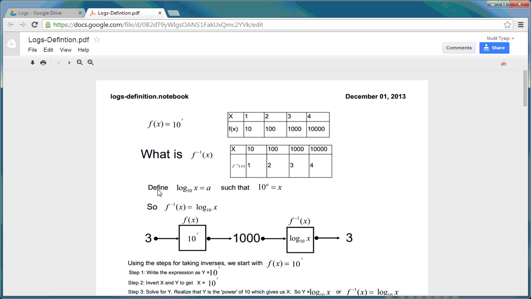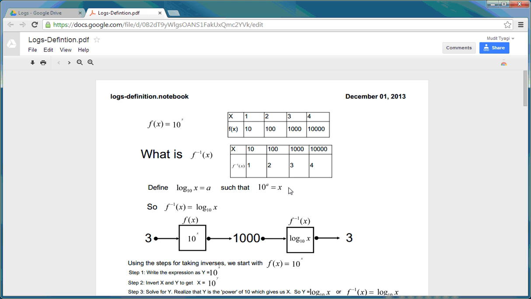So what we're going to do is we're going to define logs. So log of x to the base 10 equals a is such that 10 to the power of a should give you x. So what is log of x?